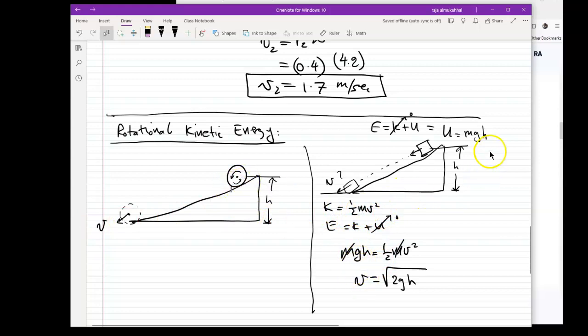Because part of that energy, mgh, has been taken up by the rotational part. So what we do in this case, we say that the total energy is kinetic plus U. This is what we have been writing, but I'm going to add something else to it. So I'm going to add the following. Translational kinetic energy plus rotational kinetic energy plus the potential energy U.